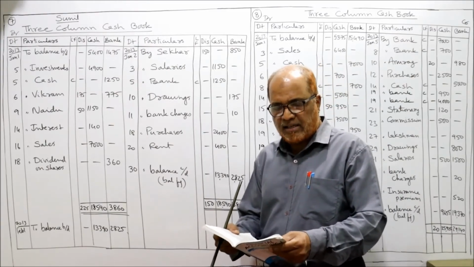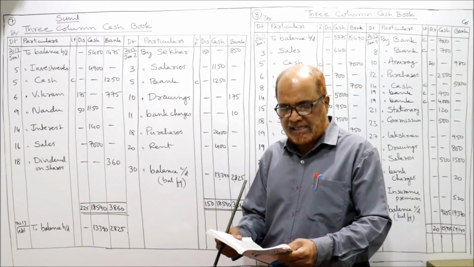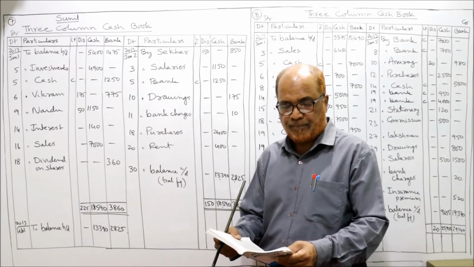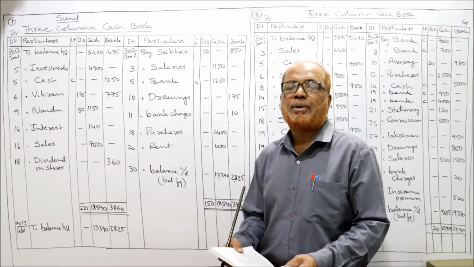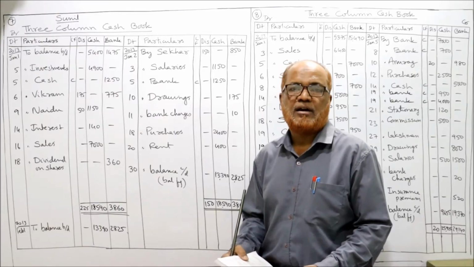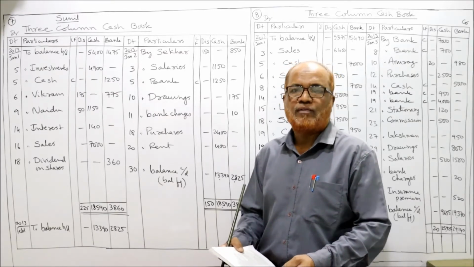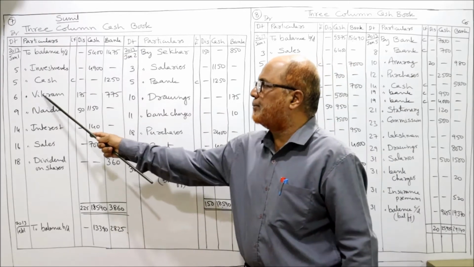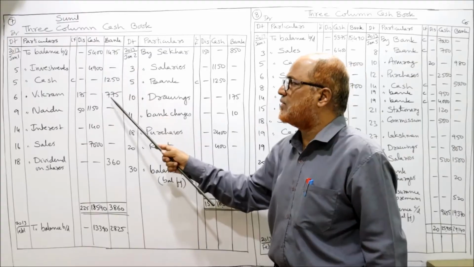Then 6th, received from Vikram a check of rupees 775 in settlement of his account for 950. Actually, we have to get 950 rupees from Vikram, but out of 950 we are getting only a 775 check, and for the remaining balance we are allowing discount. So debit side to Vikram, check we are receiving 775, so bank column 775.